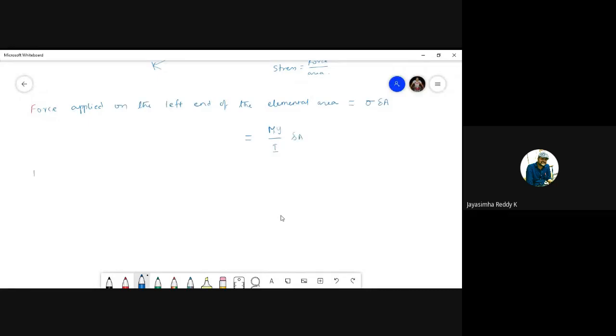Similarly, let me write the equation for the force applied on the right end. Here the sigma becomes sigma plus delta sigma, as I have considered everything extra, and the area remains constant, delta A. This can be written as M plus delta M into y by I, where y by I is common, constant.